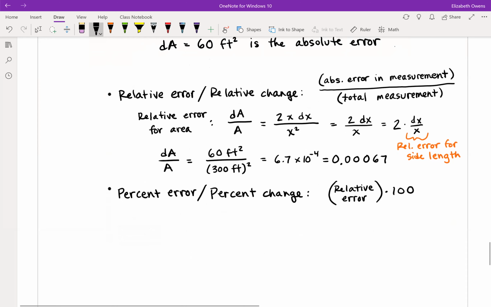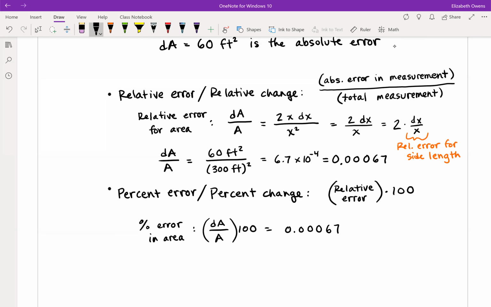Okay, so here our percent error in area is going to be our relative error, dA over A times 100. So we'd take our 0.00067 times 100, and we would end up getting 0.067% for our percent error.